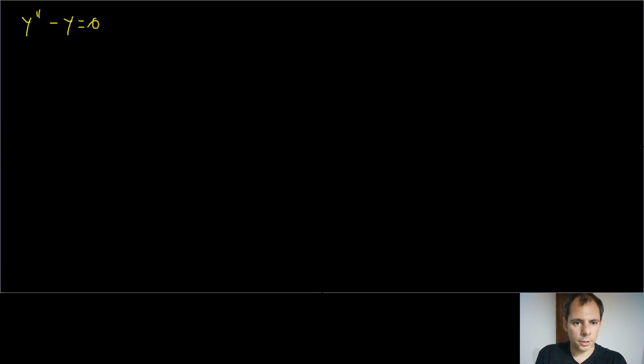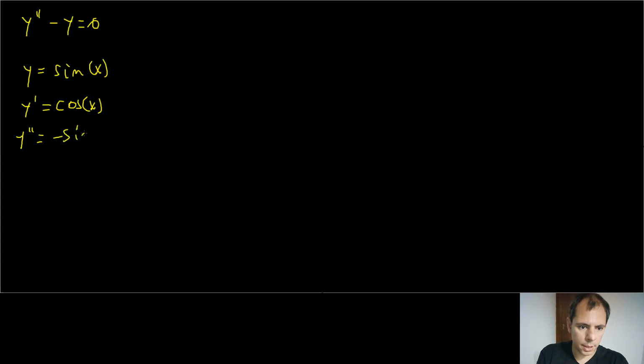So the equation, y equals sine of x. Is that a solution for this? Well, let's see. Y prime equals cosine of x. Y double prime equals minus sine of x. Now we plug it in.